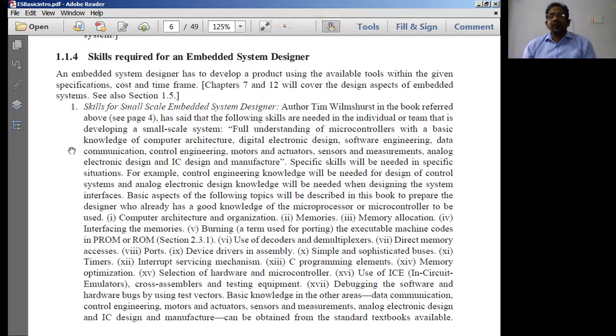It is something like a doctor. Whenever a doctor is going to treat a patient, the doctor should know the internal hardware of the human body system. If he knows that, then only can he really treat the patient in a correct manner. Otherwise, it's not going to be correct.